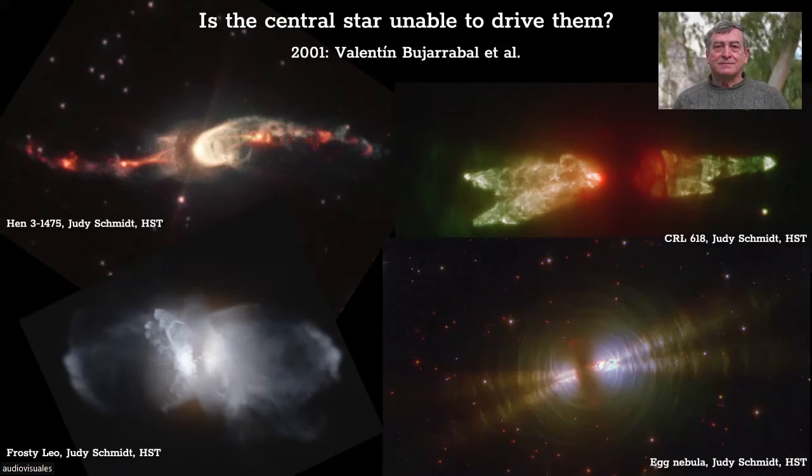In 2001, Valentin Bujarrabal and collaborators found that in about 80% of preplanetary nebulae, which is a stage which comes right before the planetary nebula stage, that is before the nebula gets ionized, these nebulae are not ionized by the central star, but by shocks, and they are basically formed of molecules.